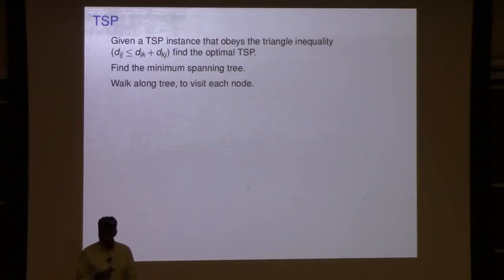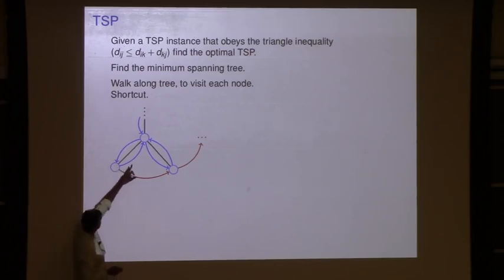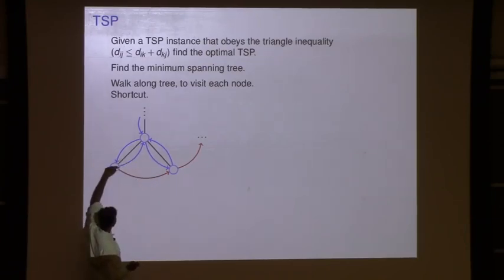Have you reached every city? So that is a tour, right? It's not necessarily a tour, because you visit this node a lot of times when you do this, right? You go down to the leaves, you go back up, and then you go down, and then you go back up. So, in fact, this is not a tour because you keep going to the same city over and over again. But we shortcut it. You see, this is a triangle. It says this red edge is less than going from here to here.